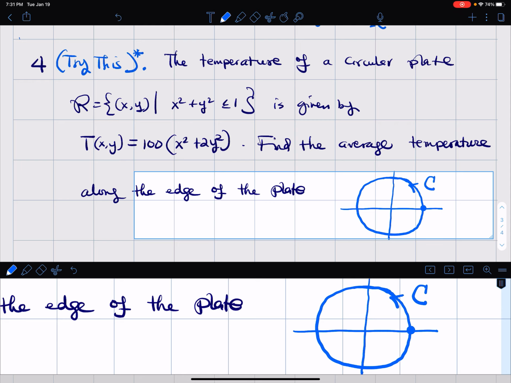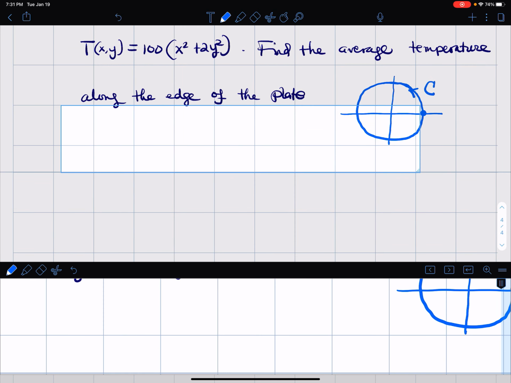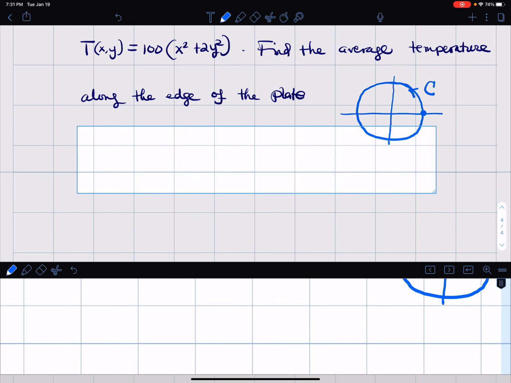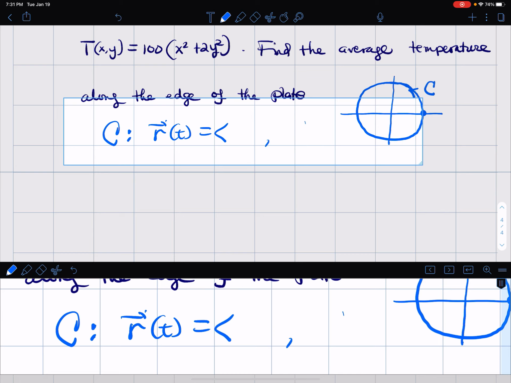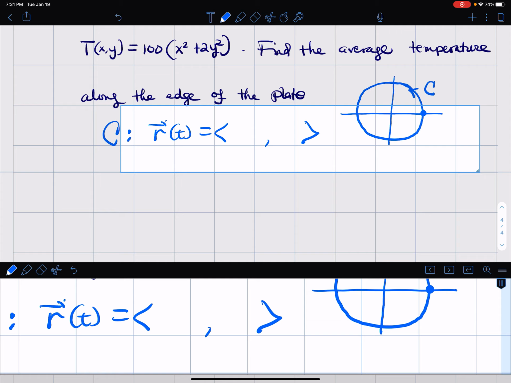So you want to parameterize it first. You want to parameterize your C. So what is C? C has to be r of t equal to something. You probably know what it is by now. And where does t go from? What's the range of t? t from 0 to 2 pi, all right?